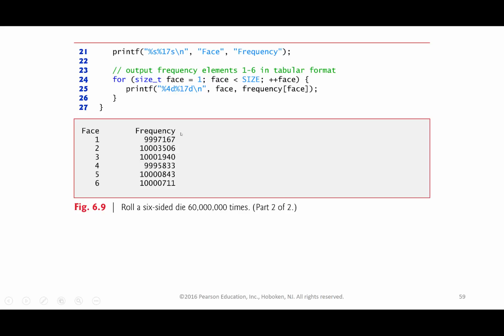So we roll our dice 60 million times, and if it was a purely random number generator, we would get close to 10 million on each, and we've got fairly close to 10 million on each. So our random number generator has given us fairly random data.